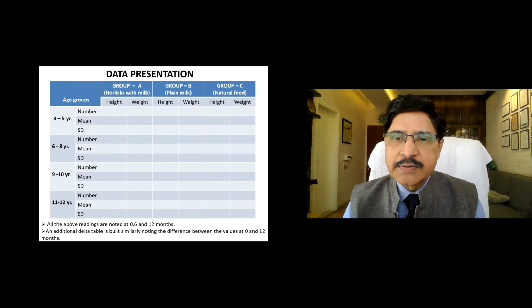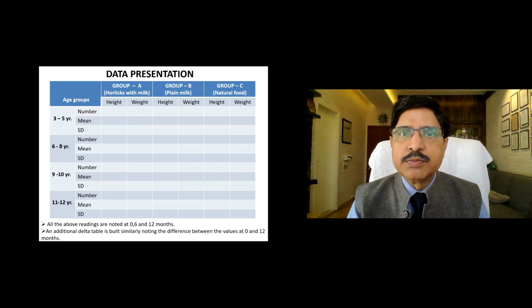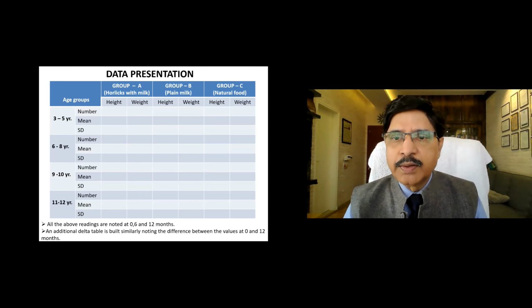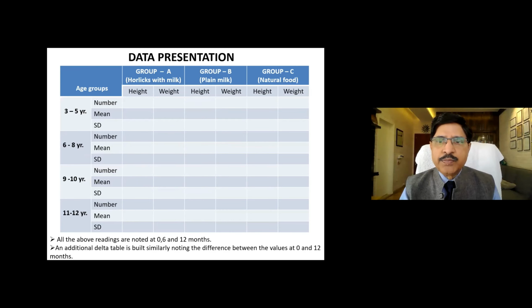So what is our interest? Our interest is to see the delta. What is delta? Mu1 minus mu2 and mu1 minus mu3. Okay, all possibles. The intervention is mu1, and the controls B and C are the two other groups. So mu1 minus mu2 and mu1 minus mu3, two deltas will be generated. The delta differences from the mus are generated, and they will be used.